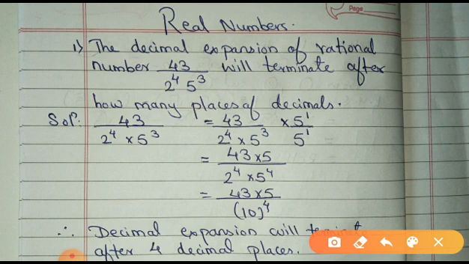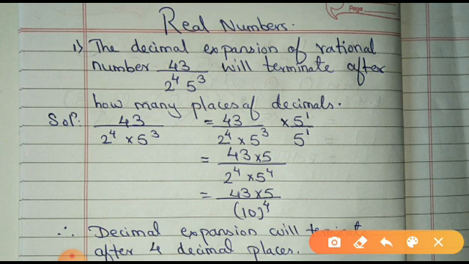Now the highest exponent is 4. And what is the exponent of 5 here? It is 3. So to make the exponent of 5 as 4, I have to multiply by 1 more 5.